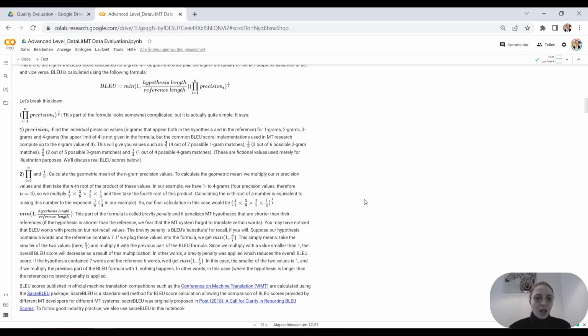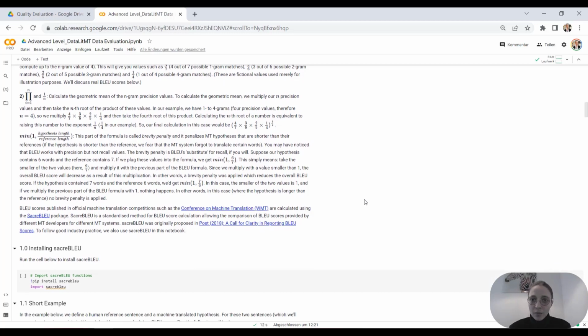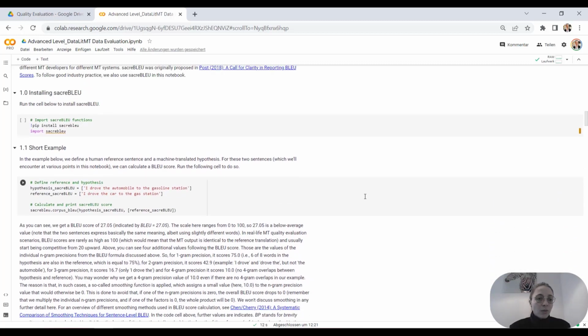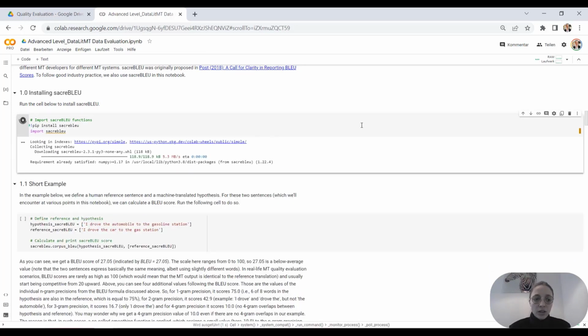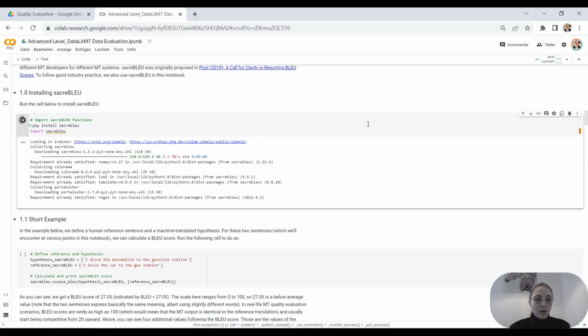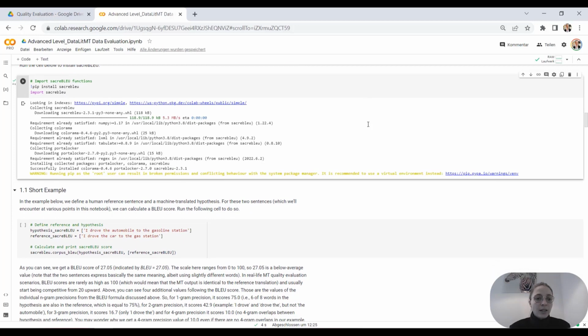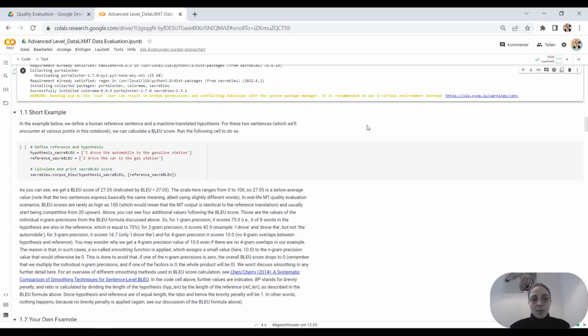So after explaining a little bit about the exact calculation of BLEU score, we can actually go ahead and calculate our own examples. So as I mentioned, we are working with the sacreBLEU implementation. So once again, you can just run the cell and load the sacreBLEU function here, installing it. And then let's have a look at a short example. So we are defining our hypothesis to be, I drove the automobile to the gasoline station.